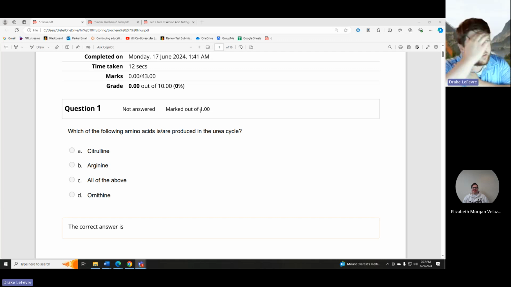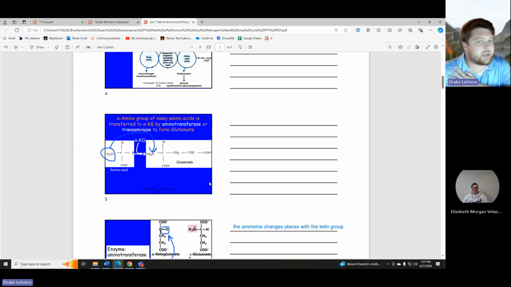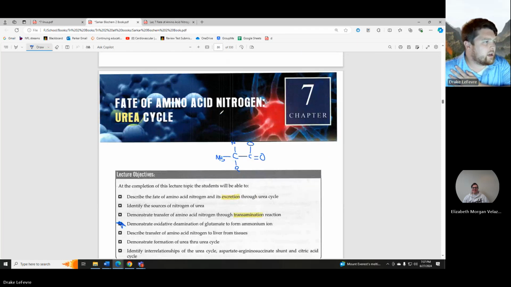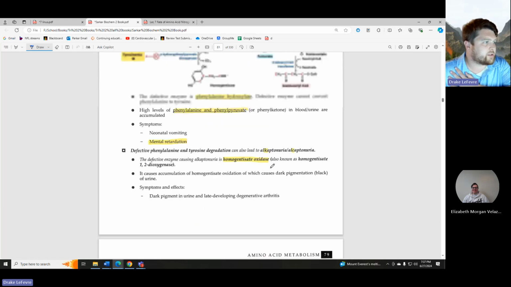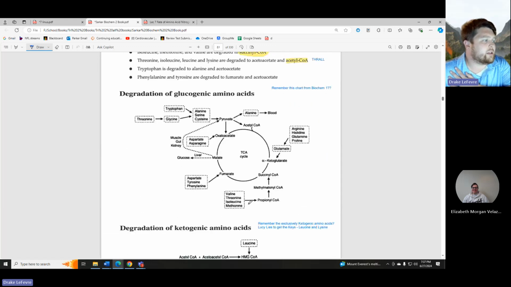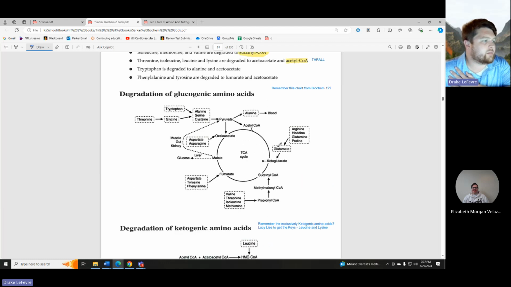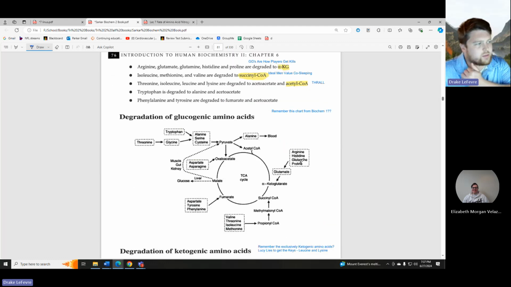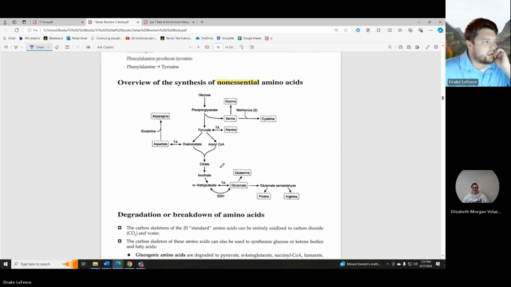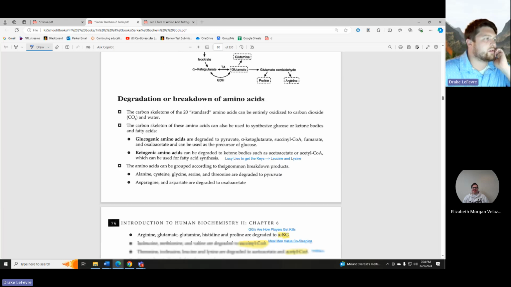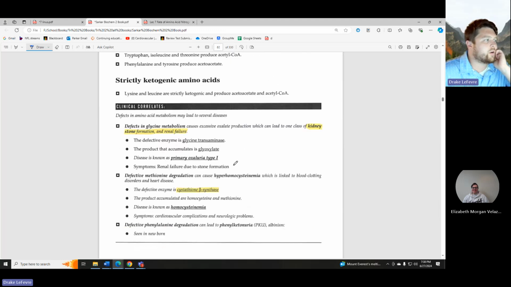So chapter 7, this is going to be the amino acid, nitrogen, and urea cycle. Basically, what this whole chapter is about is our amino acids. In the whole chapter before this, we were breaking down amino acids, either to make ketone bodies, to make glucose, to make glycolysis or Krebs cycle intermediates, or breaking them down to use their parts for whatever we need them for.